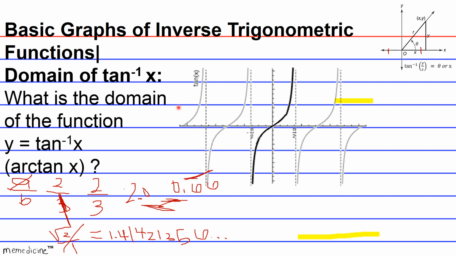Here we have our tangent function, the function that generates the inverse tangent function. And it's a legit function because it passed the vertical line test, meaning that whenever you draw a vertical line through the function, it's only going to intersect the function at one point.